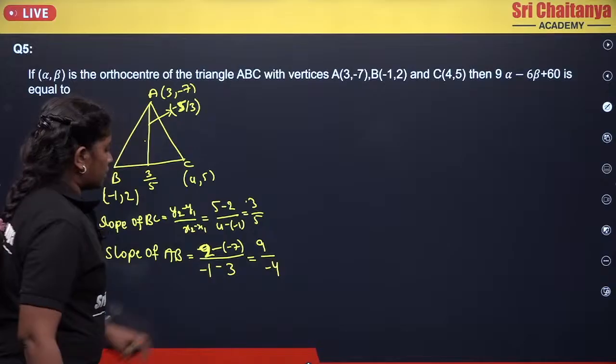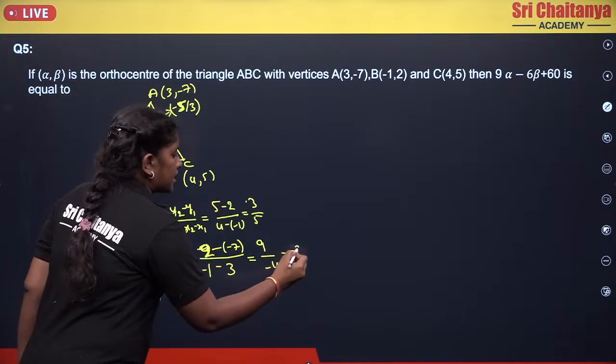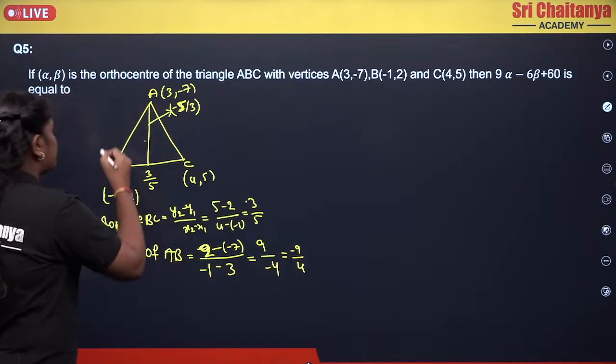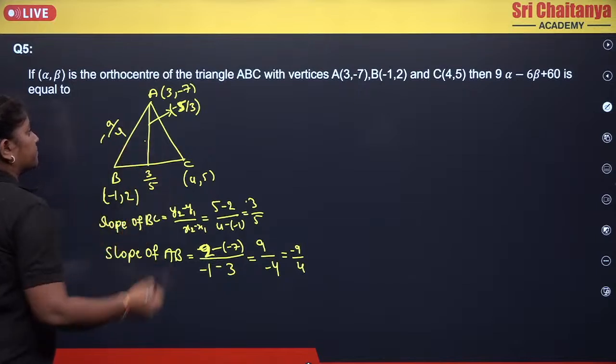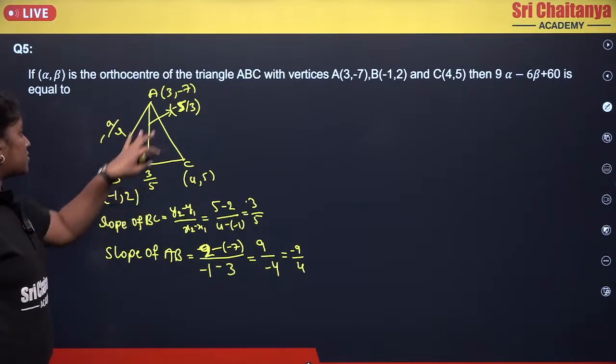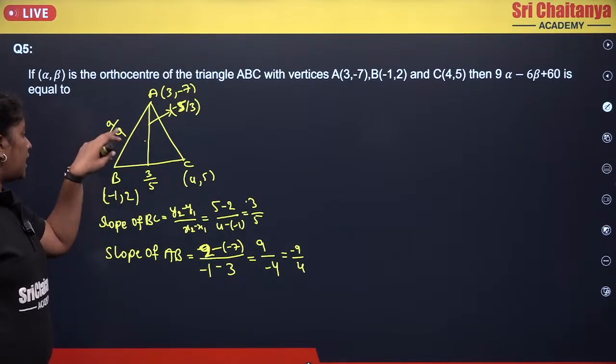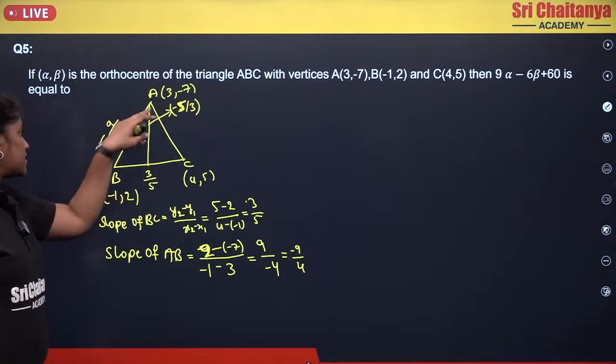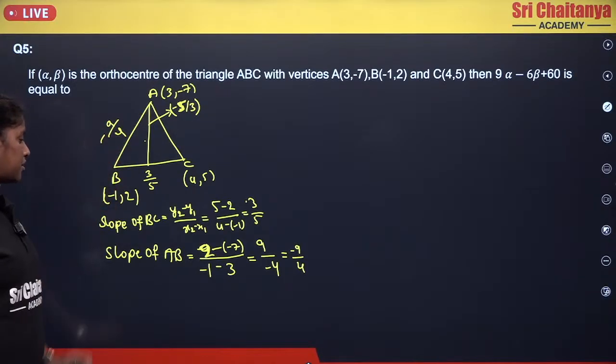Okay, so that becomes minus 9 by 4. So here we will be having the minus 9 by 4. So 2 minus of minus 7 is 9 and minus 1 minus 3 is minus 4. So we got minus 9 by 4.